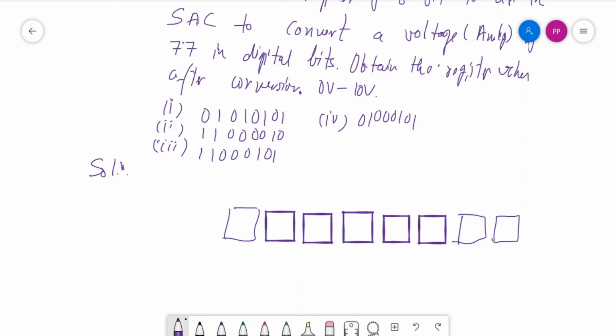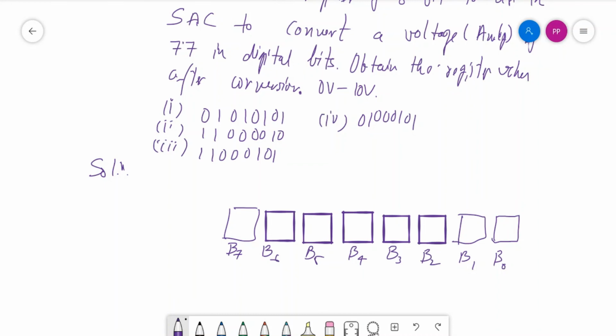So this is the MSB. So you can say this is B7, B6, B5, B4, B3, B2, B1 and B0. So the 0 to 10 volt can be divided.